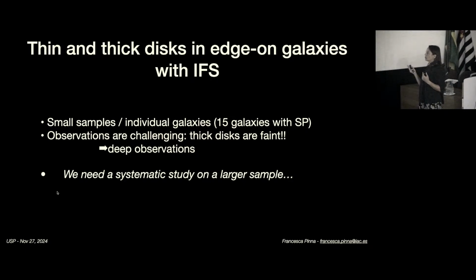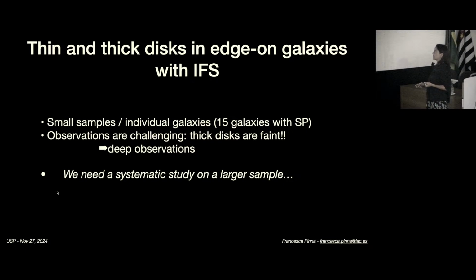However, I've been showing so far individual galaxies or small samples, because until now we didn't have a systematic study of a large sample of galaxies, allowing us to study trends with the stellar mass, the star formation rate, or the morphological type. And this is because the observations of thick disks are quite challenging. They are faint, and we need very deep observations with long integration times to be able to extract the stellar population properties.